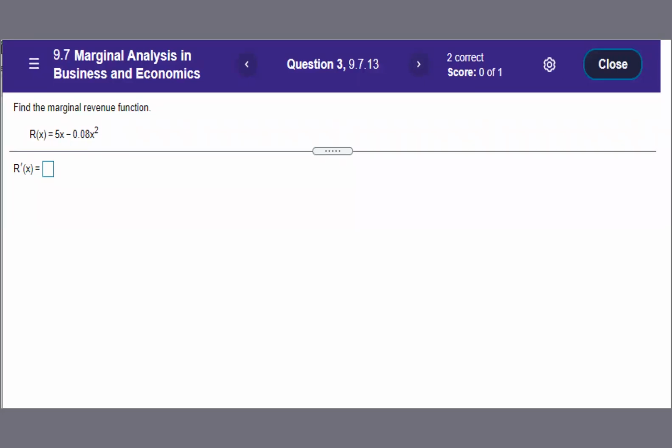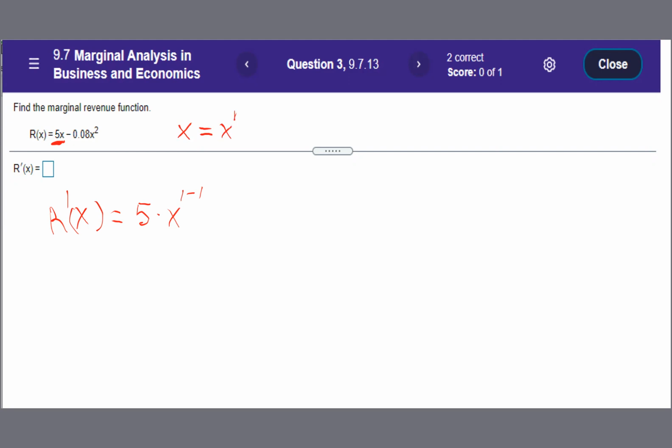Okay, find the marginal revenue. So again, find the derivative here by using the power rule. So r prime of x equals the derivative of the first term, which is 5 times x to the 1 minus 1. Notice that x is the same as x to the first, so the exponent of it is 1.